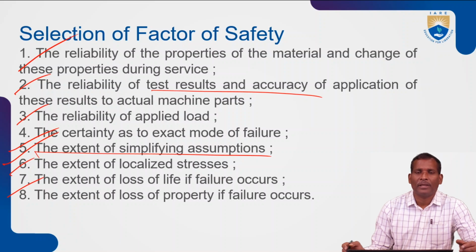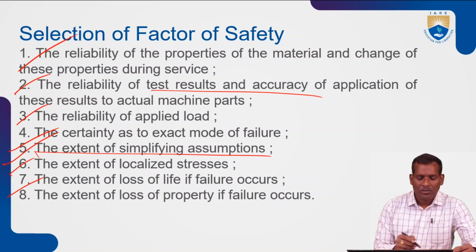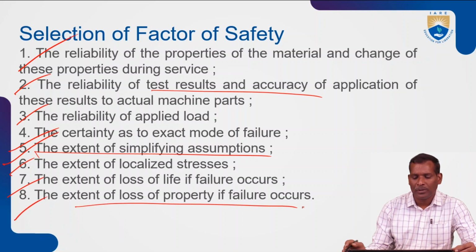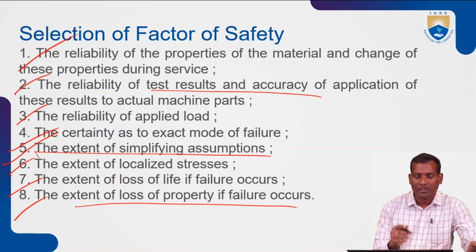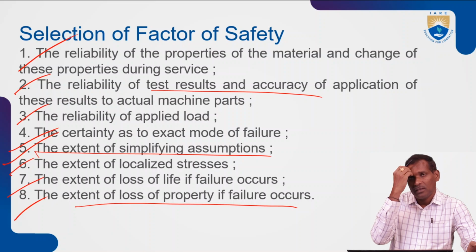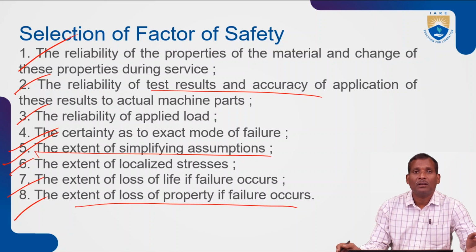The extent of loss of life, the component life or product life, depends upon the selection of factor of safety. So the extent of loss of property if failure occurs is a main deciding factor for selection of factor of safety.